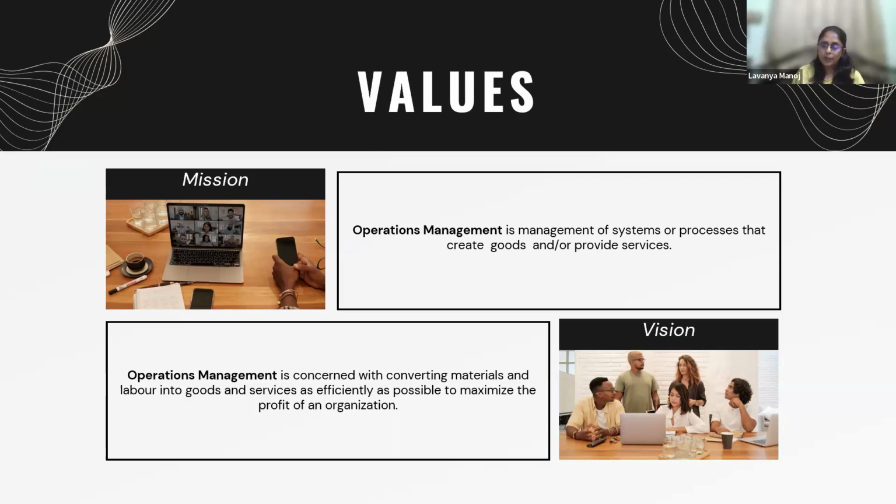So this is not only applicable to one particular department. Most of the people in the industry think that if it is operations management, it is confined only to the production unit or the manufacturing unit or some assembling department. That is not true. Operations management is applicable, and all the techniques and processes are applicable, to each and every department in the organization.